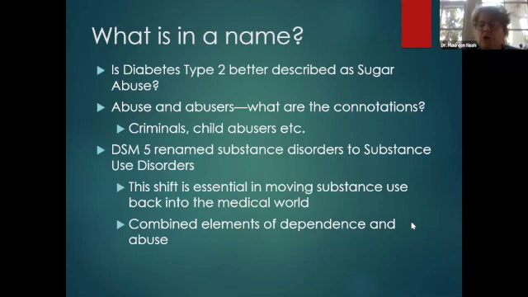When you think about the word abuse or abusers, the things that most often come to mind are sexual abuse, child abuse, spousal abuse, and other crimes. And it really contributes greatly to the stigma around substance use disorders, this criminalization of their behavior and their illness.